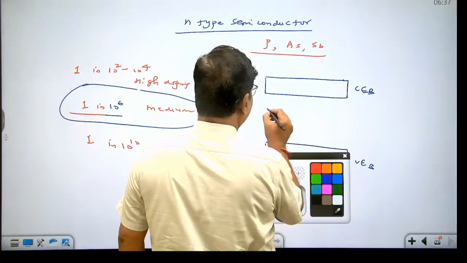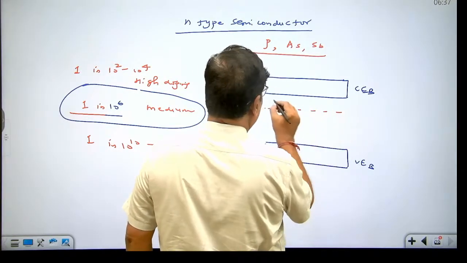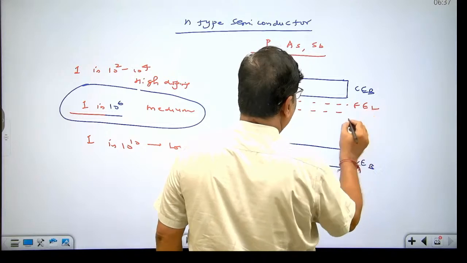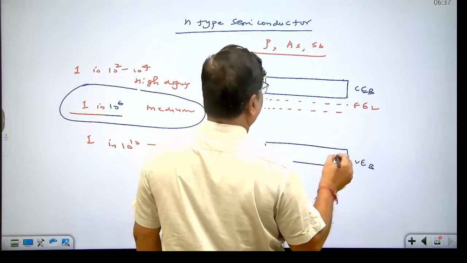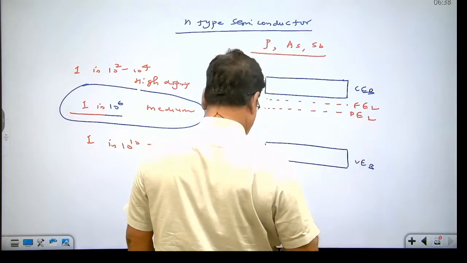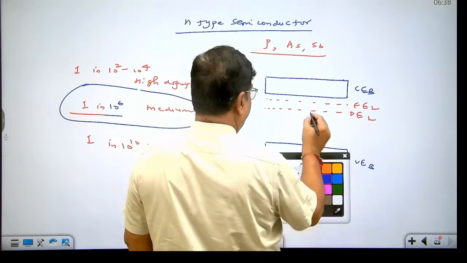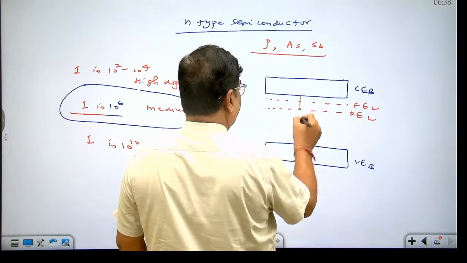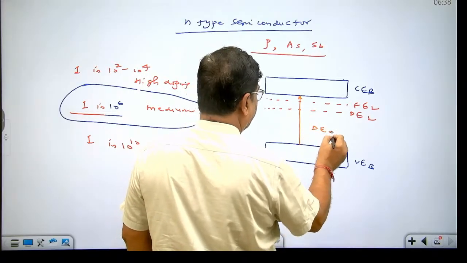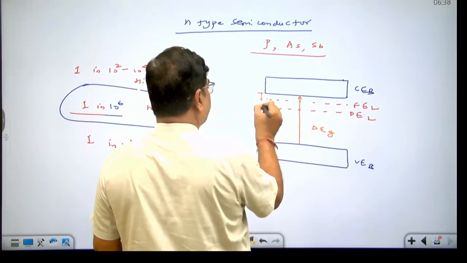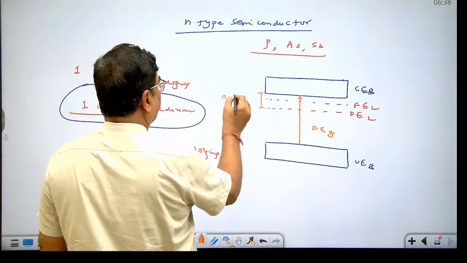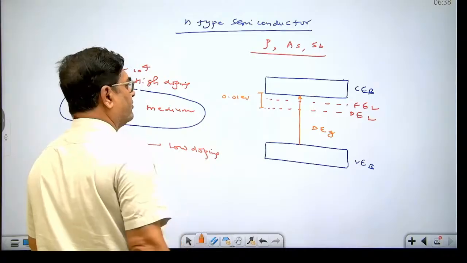Every impurity atom donates one electron in the crystal. This is the Fermi energy level in N-type semiconductor crystal, and this is the donor energy level. Dear student, now look here. The gap is not changed due to doping. This forbidden energy gap is the same, but this gap is very small, so conduction starts at low temperature. This is 0.01 or 0.03 electron volt.